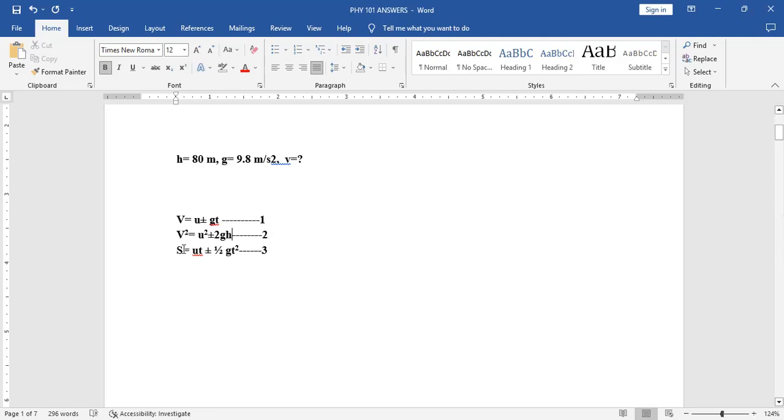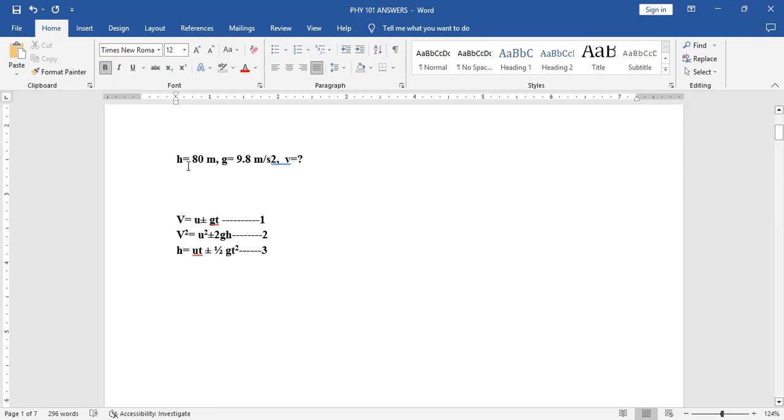So change this to height. Now let's look at it. Here we have h. The first equation does not have h. It has g and v. So it is not fit for us to use.